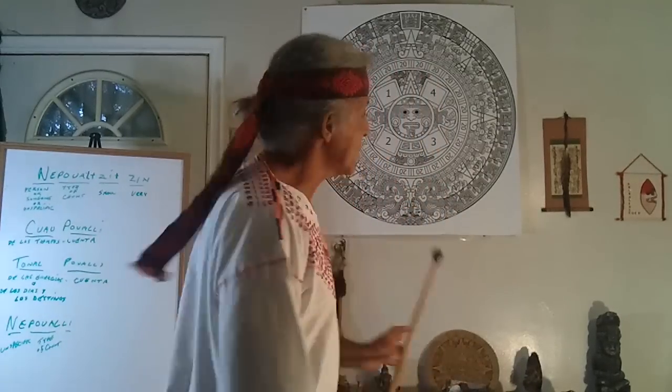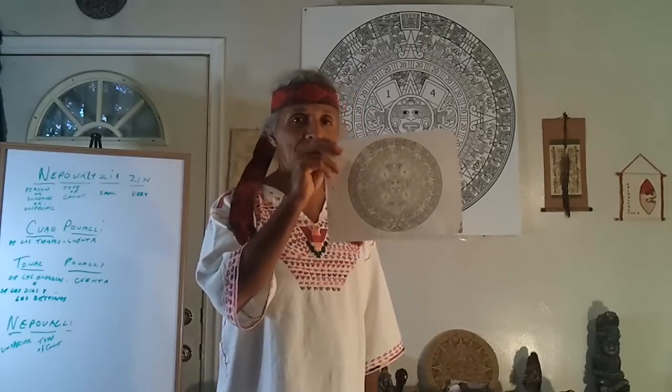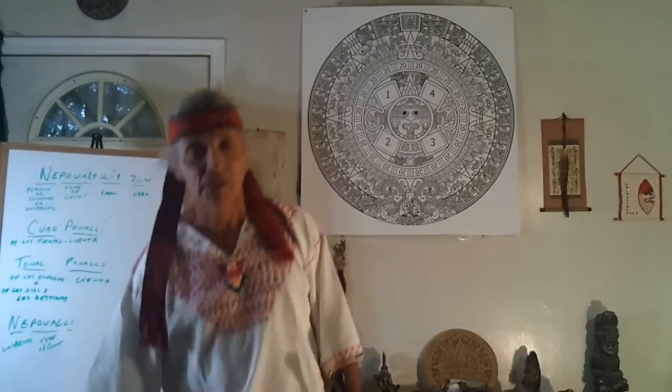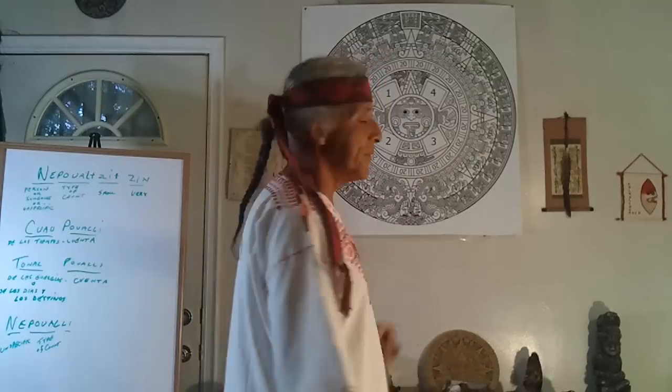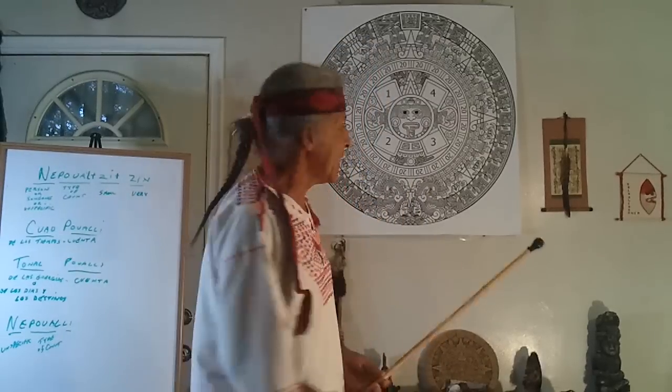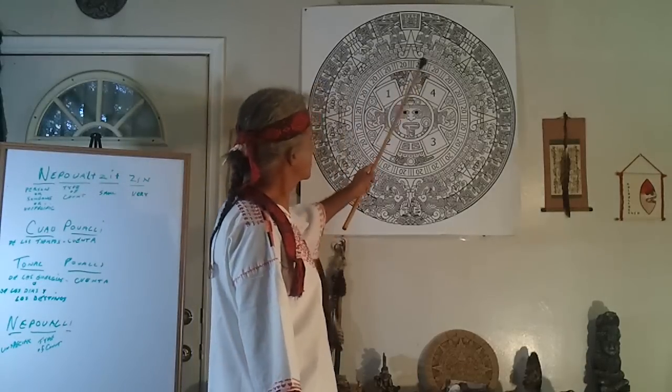Nepohualtzit, which you can see is big here, but when I give you a copy, it will be small like this. Or in English, we'll call it the calculator. Well, this calculator, which you've seen before, looks like the Aztec calendar. It is, except it has numbers in place of the symbols that it had before.